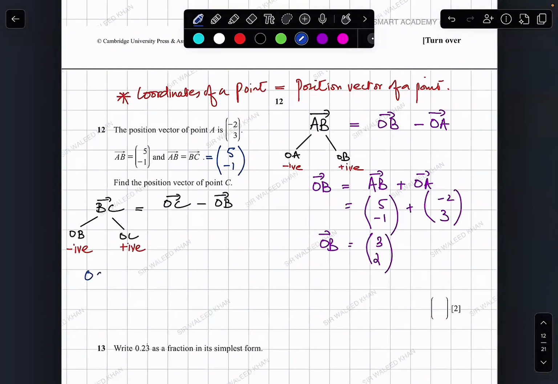And to figure out OC, I have to rearrange this: BC plus OB. BC was (5, -1). And OB is (3, 2). Add them, 8 and 1. That is OC.